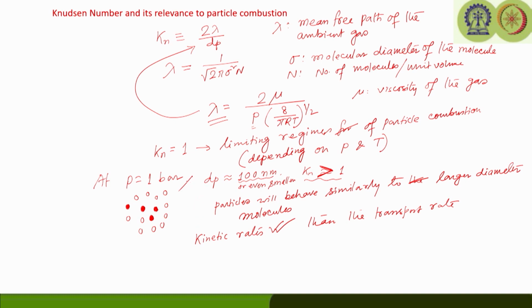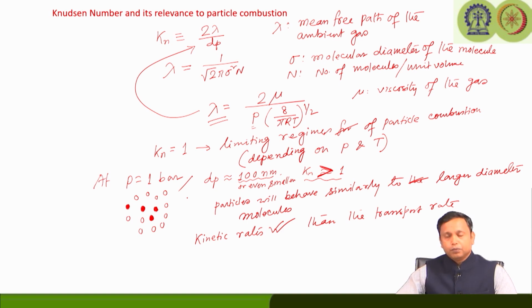We already said that the main two modes of combustion we have talked about are kinetic control and diffusion control. Now, if the particle diameters are too small, then it gives another relevance to the particle combustion regime, which is giving a new length scale, another length scale to the problem.